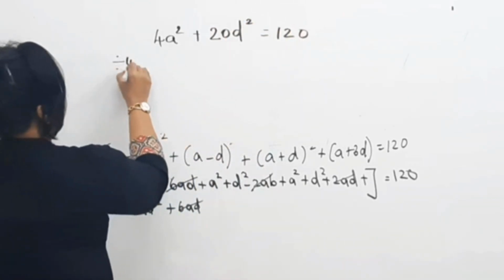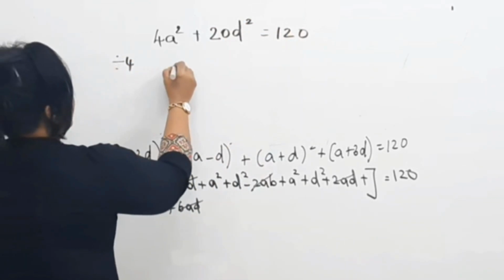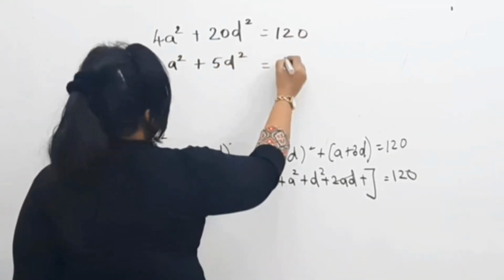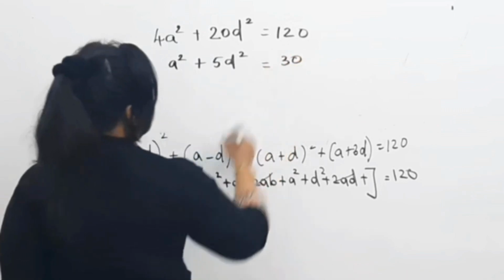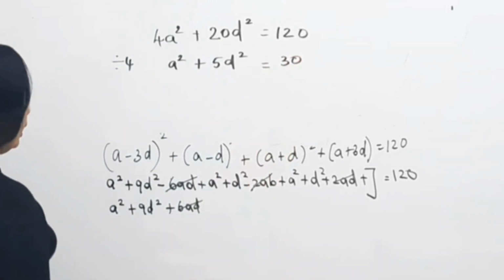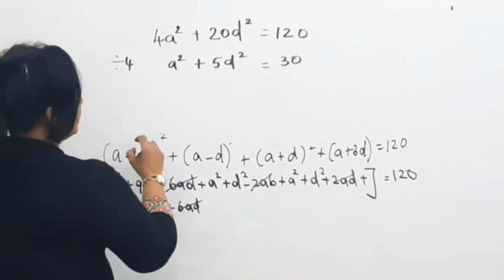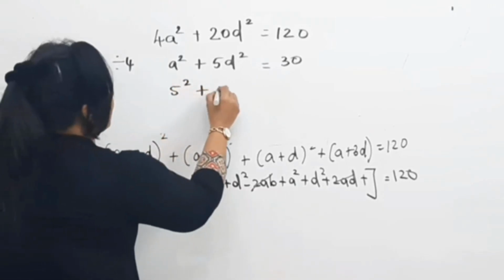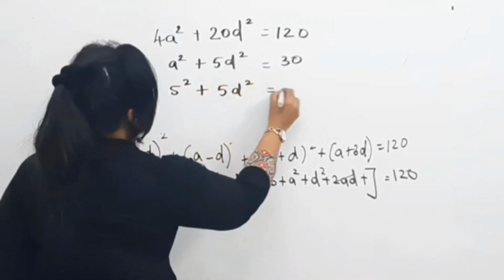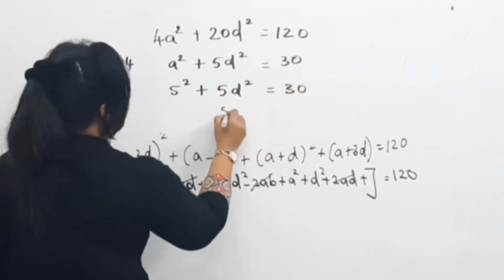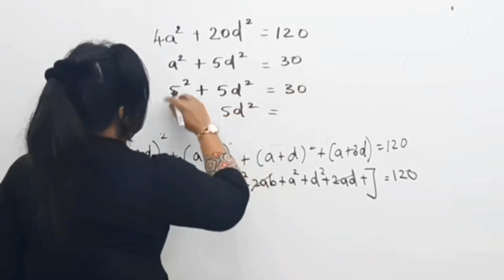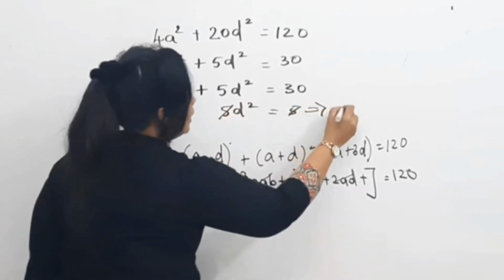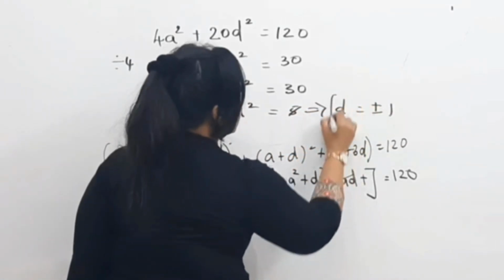So dividing by 4, I would have a square plus 5d square is equal to 30. I got a as 5, so 5 square plus 5d square is equal to 30. So 5d square is equal to 30 minus 25, that is 5, which gets cancelled. That implies d is equal to plus or minus 1.